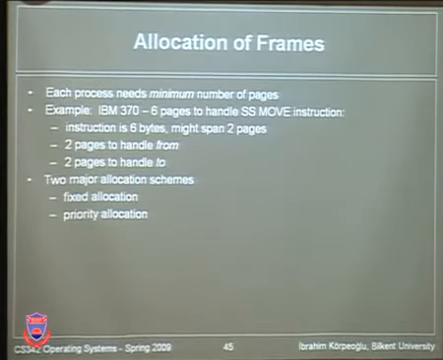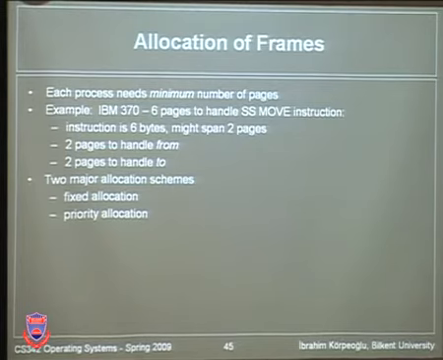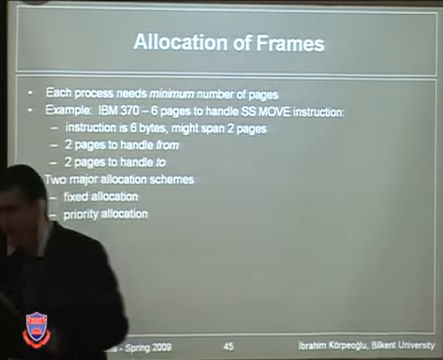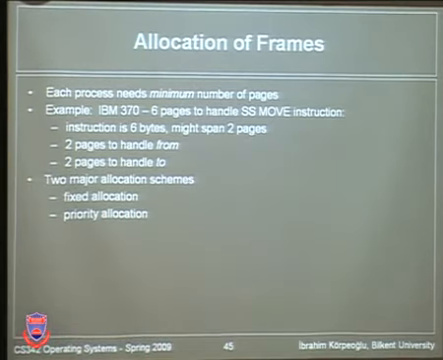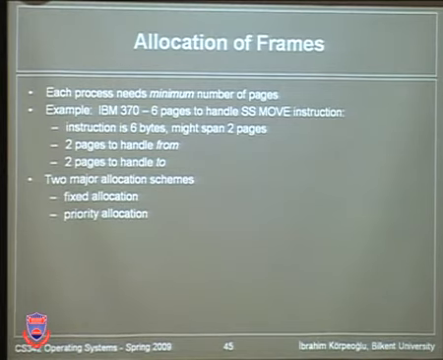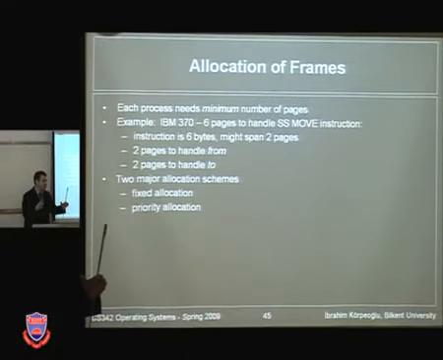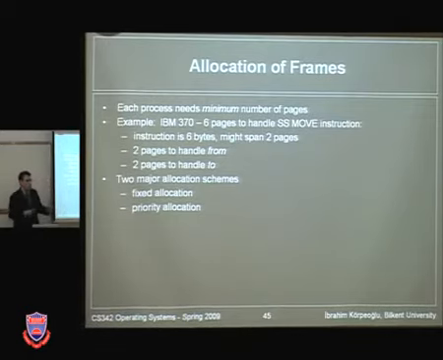Any questions so far? Now let's look at a different issue. So far we have discussed how we can remove a page if we would like to load a new page. For that we made an assumption implicitly. A process has been allocated a set of frames, let's say 10 frames. The process is making page references, and those pages are brought into memory and put into those 10 frames.